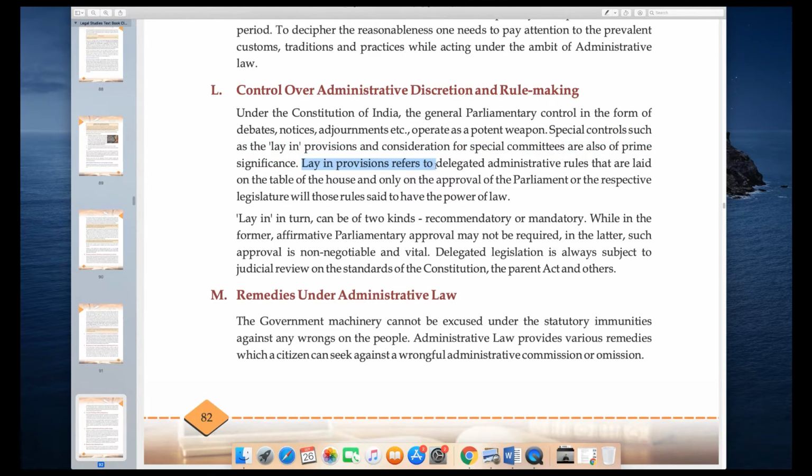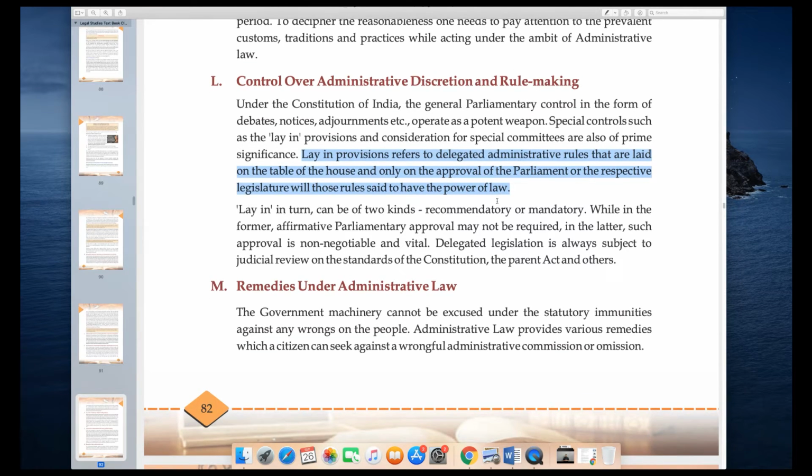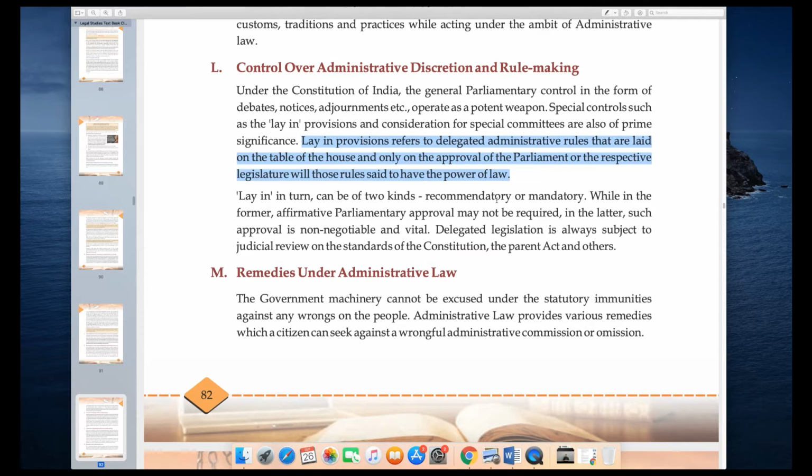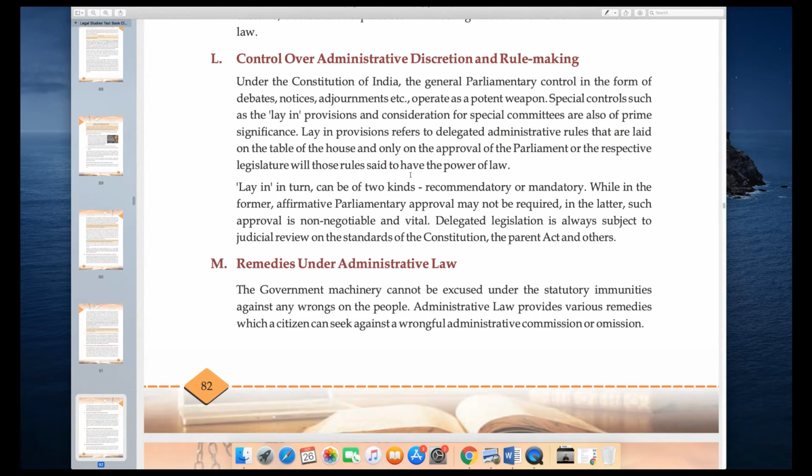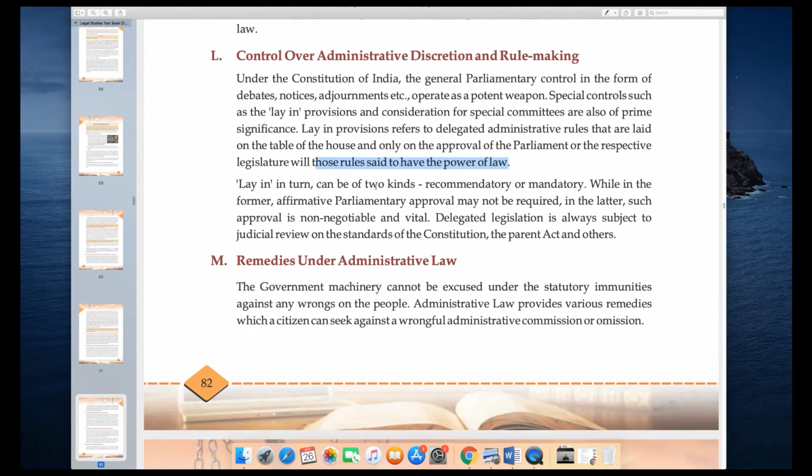So lay-in provisions refers to delegated administrative rules that are laid on the table of the House, and only on the approval of the Parliament or the respective legislature will those rules be said to have the power of law. Okay, so if something is passed by Parliament finally, then those rules have the power of law.